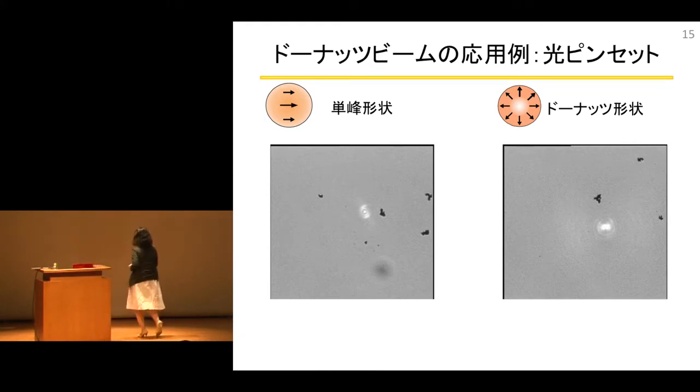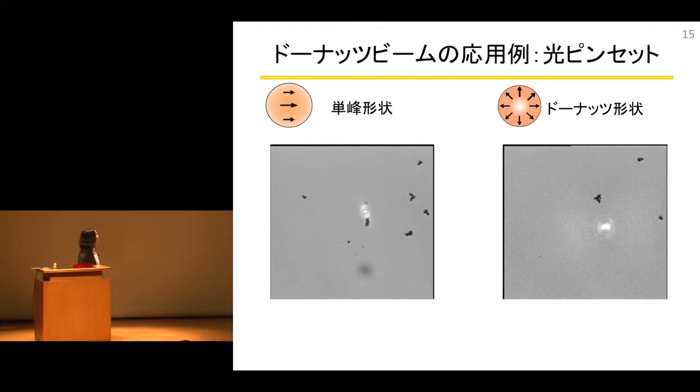And this is an application of the donut beam. This is the single lobe beam. This is a conventional one. And this is the donut-shaped beam. And the experiment here is to capture the tungsten.